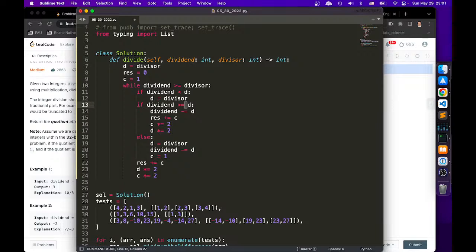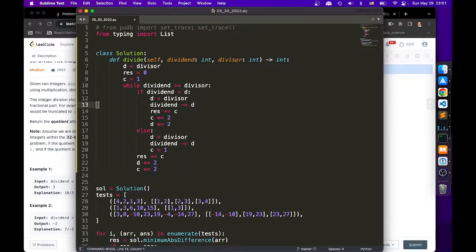We say don't need this. Dividend minus equal to D. Dividend minus equal to D, and then more things to do.